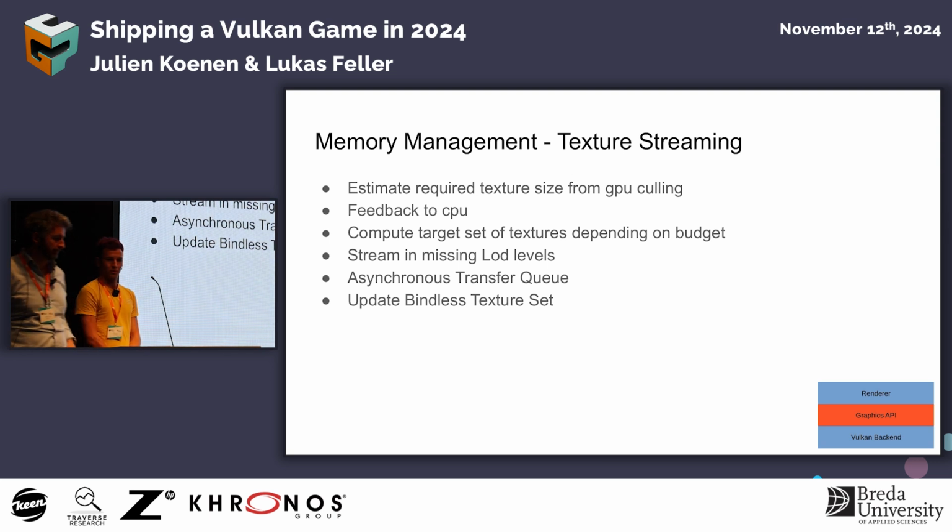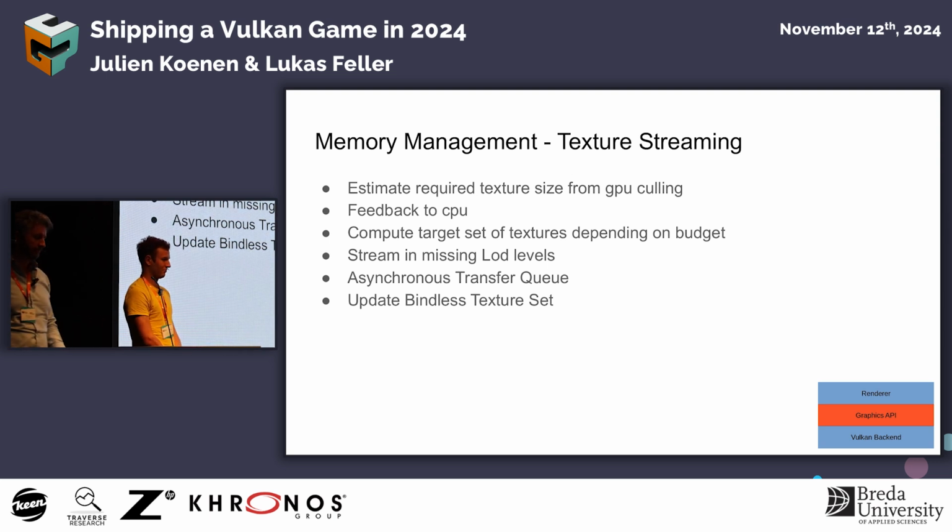A few words about texture streaming. We are estimating the MIP levels that we require for textures based on feedback from the GPU culling. So we are not using sampler feedback, but instead our GPU culling system, just while culling stuff, returns a minimum distance an object is from the camera. We feed that back to the CPU and compute the required texture resolutions based on that.